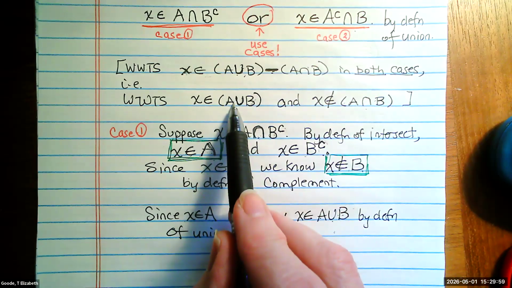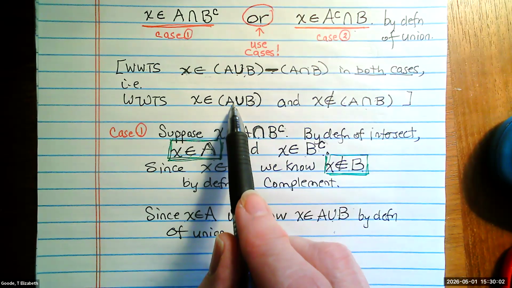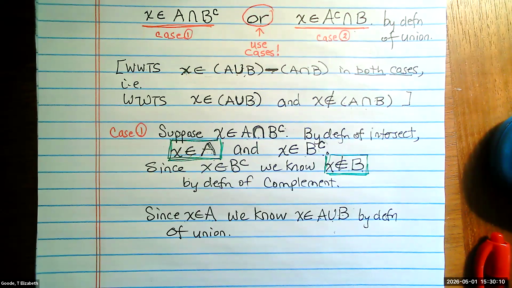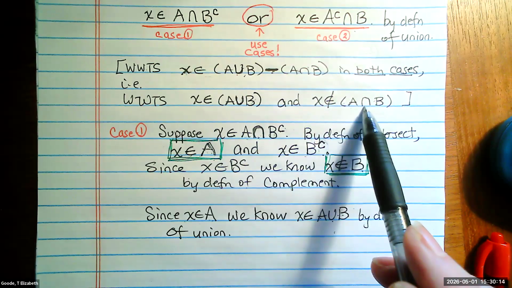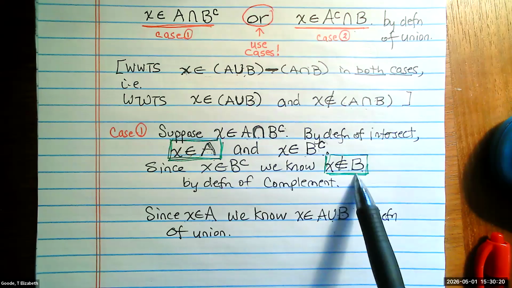Now, what else do we need to show about X to get our wish? That X does not belong to A intersect B. Great. What are we going to use to show X is not an element of A intersect B? Well, we know that X does not belong to B. Right.